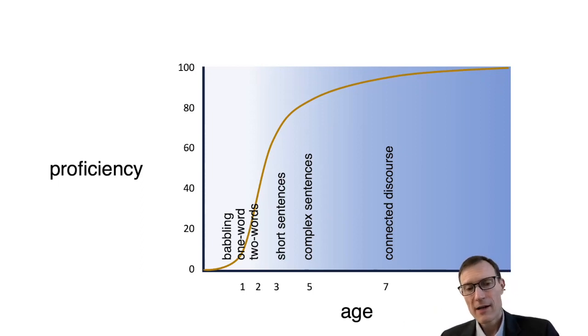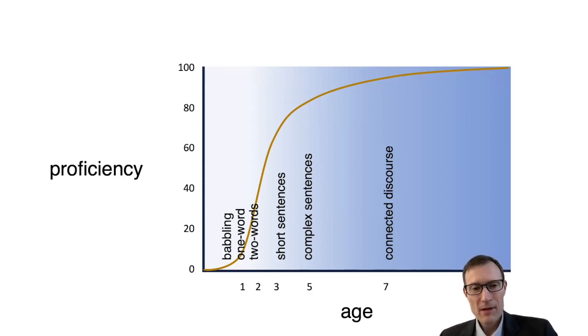They begin to say some single word things. And then somewhere between 1 and 2 years, they begin to put 2 words together to form something simple, not quite what we would think of as a sentence, but two words that are related, like I eat, I want, mommy go, mommy come, something like that.